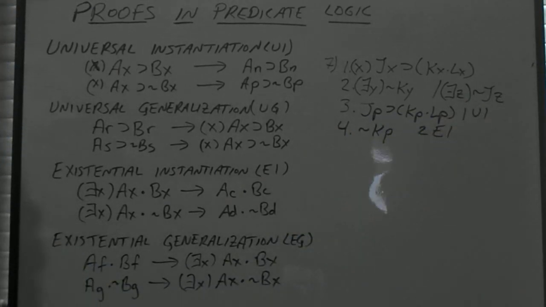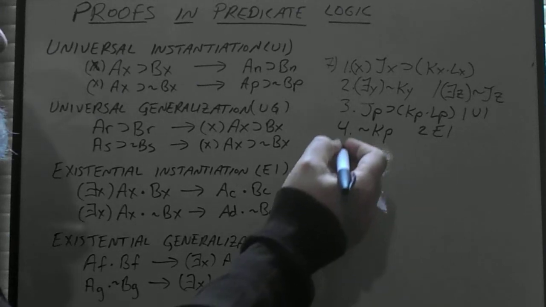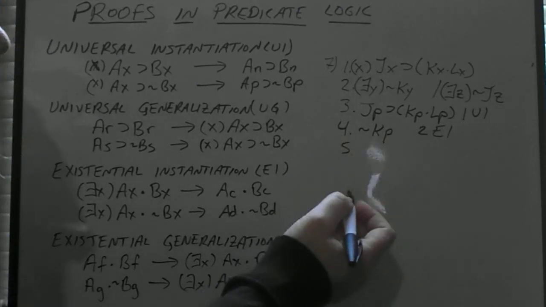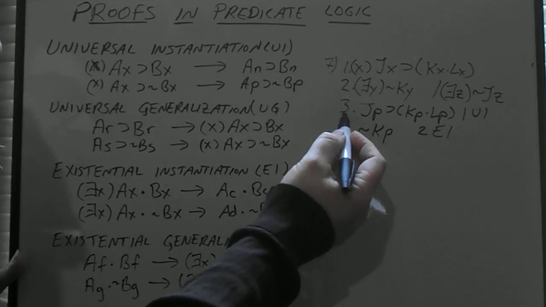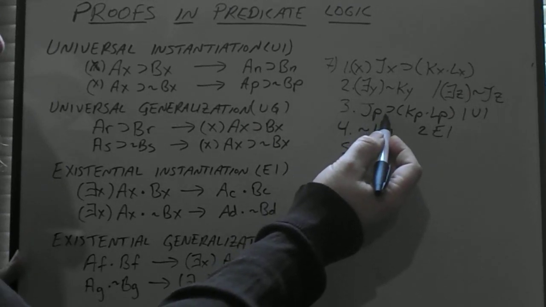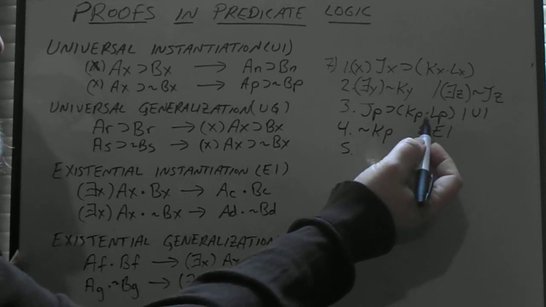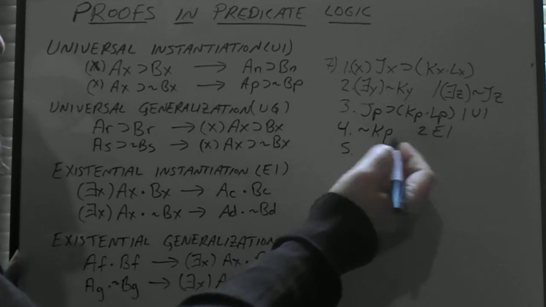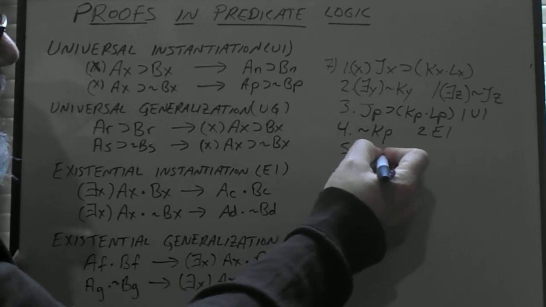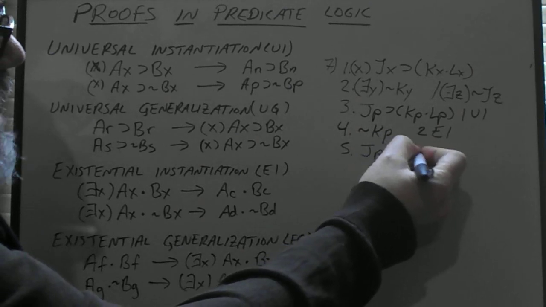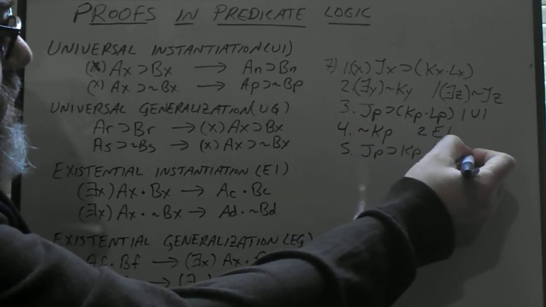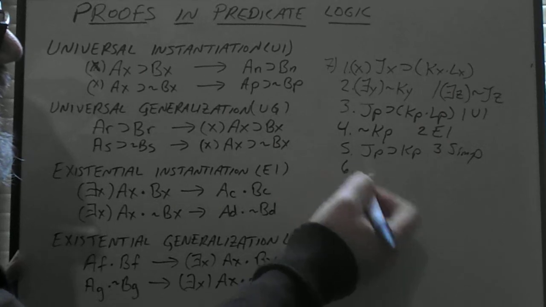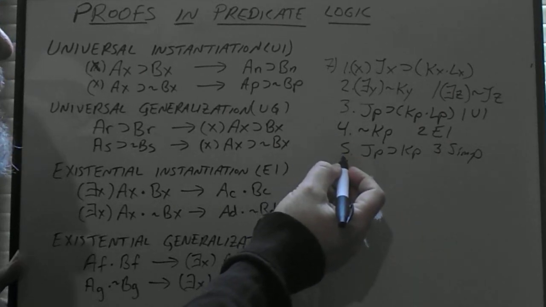All right. Now, you simply go about the process of solving it. I would take line 3, JP, then KP and LP, and do a simplification on what's in the parentheses here. And that would make that JP, then KP from 3 through simplification. And then 4 and 5 make a modus tollens.